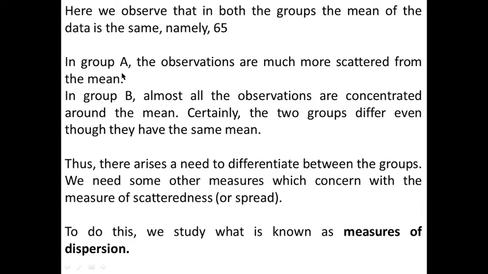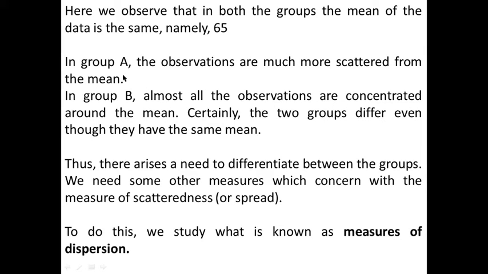In group A, the observations are much more scattered from the mean. In group B, almost all the observations are concentrated around the mean. Certainly, the two groups differ even though they have the same mean.